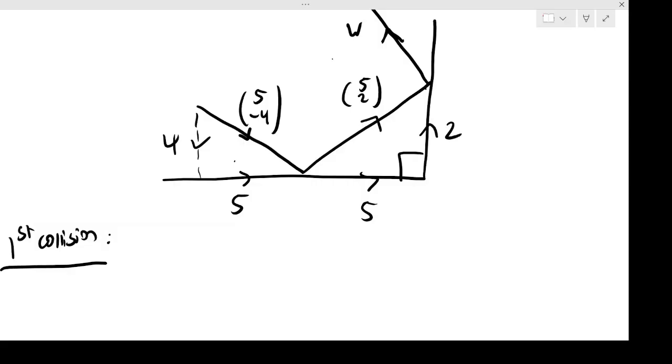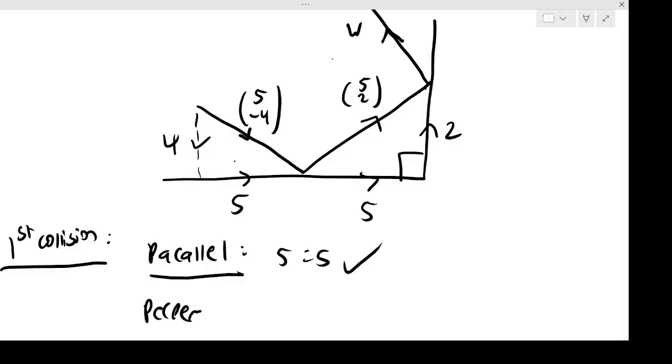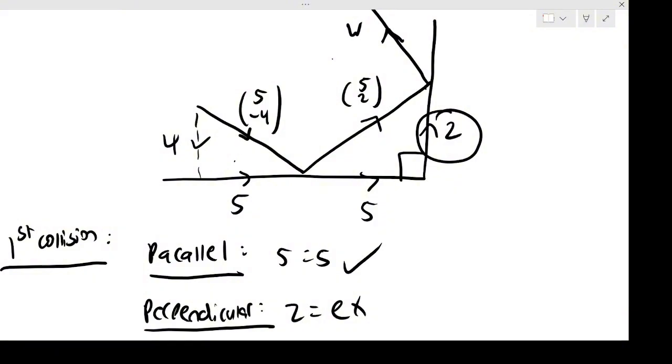Now, obviously, if I was to do my parallel and perpendicular, well, the parallel one's redundant, because all that will tell me is 5 equals 5. Great, it tells me I've done it right, probably, but doesn't tell me anything. Then the perpendicular: the component 2 is going to be e lots of the original component 4.